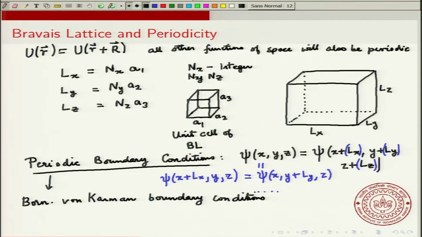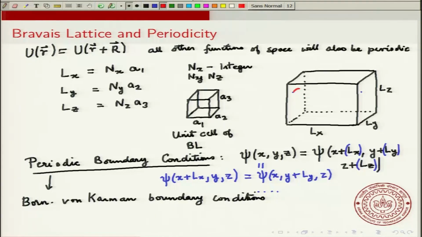Now, we will see what this imposes. It says that if your wave function has to be a periodic function, that means whatever the value of the wave function is here, it should be the same value here. Now, if that has to be true, then whatever your wave function does in between, it should come back to here. A typical periodic function is either a sine or a cosine function.